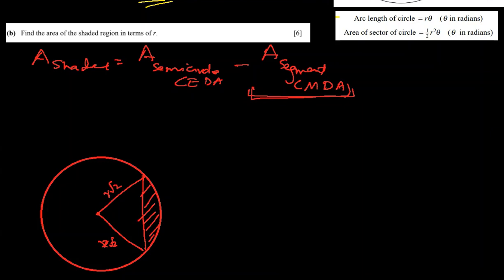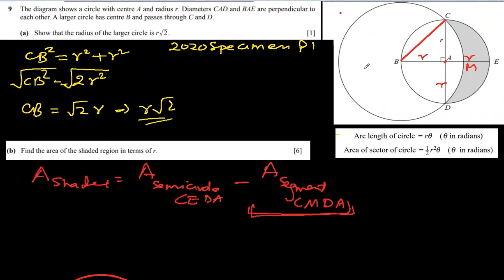Let's see what is the angle. We are not given any angle here. So we have to find this angle first. That will be easier part, I think, because we know this is r. So tan, let's call it theta. Tan theta equal to r over r, opposite over adjacent, which is 1.